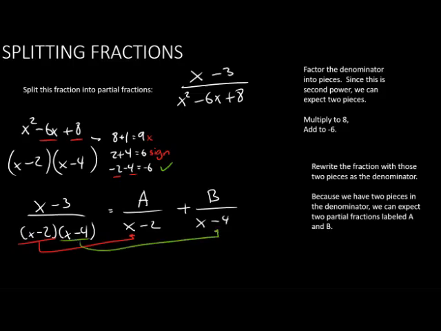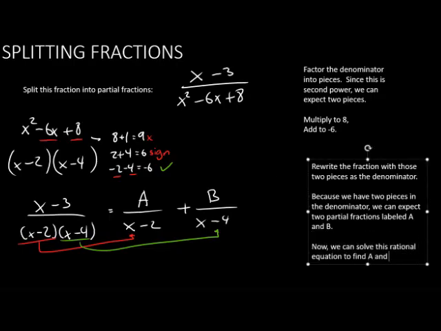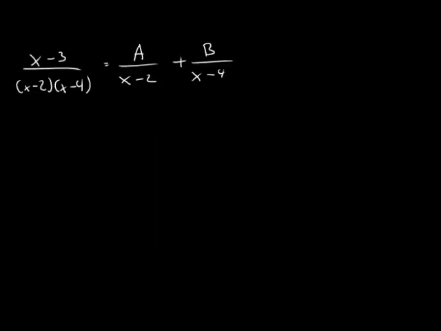Our goal is now to solve this rational equation and find A and B. We'll take this rational equation and move it to the next page. To solve a rational equation, we'll begin by finding the LCD. You may notice our first denominator has two binomials, x minus 2 and x minus 4.